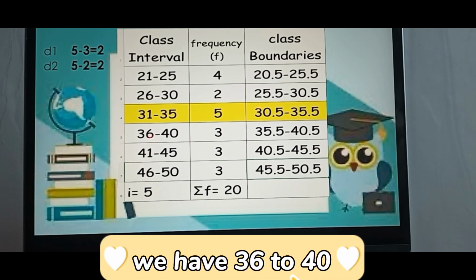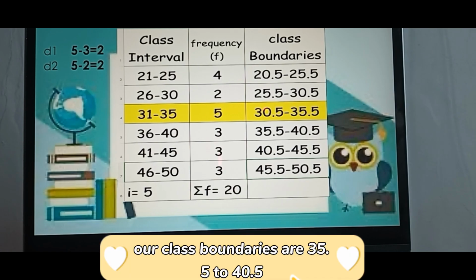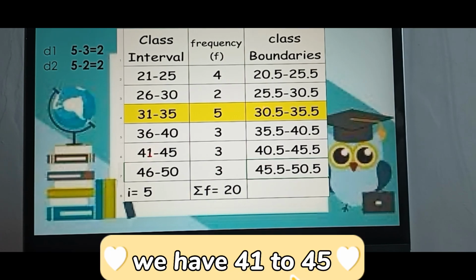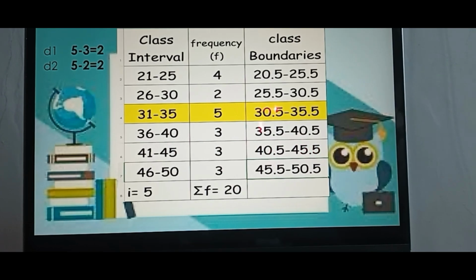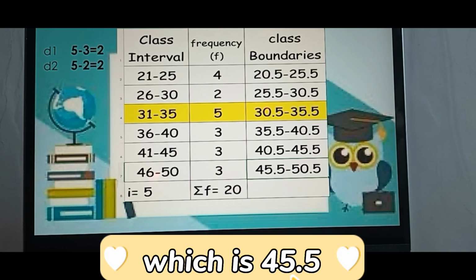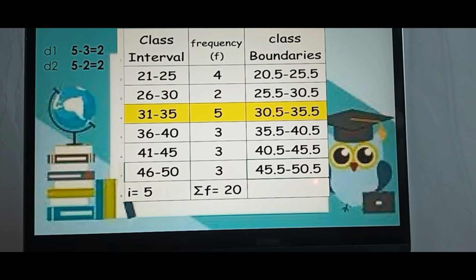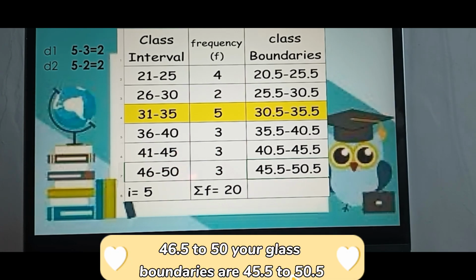Your fourth group, we have 36 to 40. Our class boundaries are 35.5 to 40.5. Your fifth group, we have 41 to 45. Our class boundaries are 40.5 to 45.5. And your last group, which is 46 to 50, your class boundaries are 45.5 to 50.5.